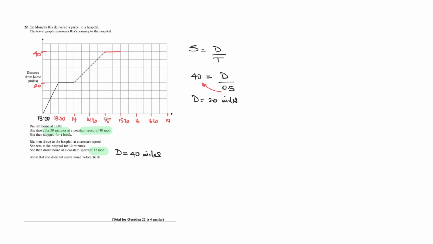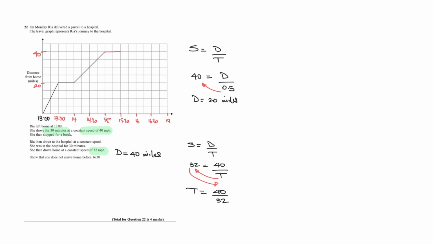So we go back to our average speed. Speed is distance over time. Now the speed is 32, the distance is 40, and the time I don't know. So I need to do a quick rearranging here. The time will go up there, and that 32 will go down there. So time is equal to 40 divided by 32.